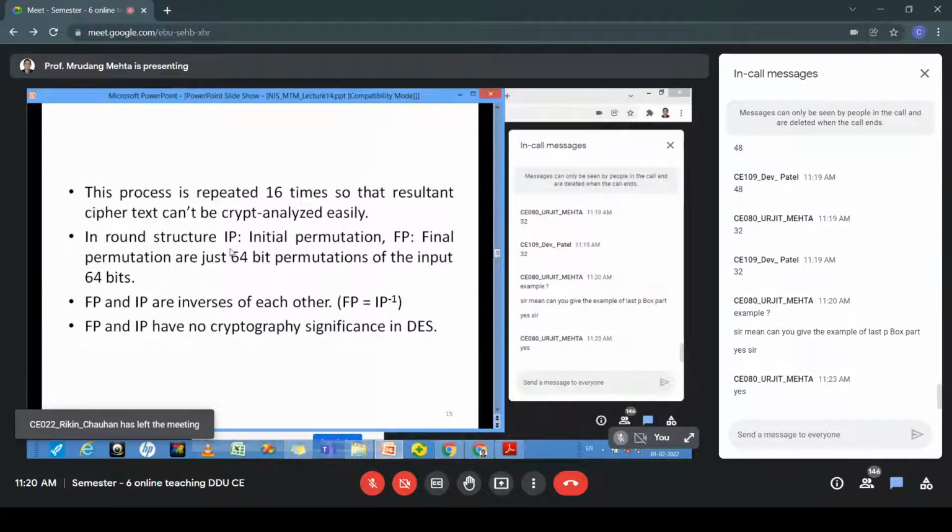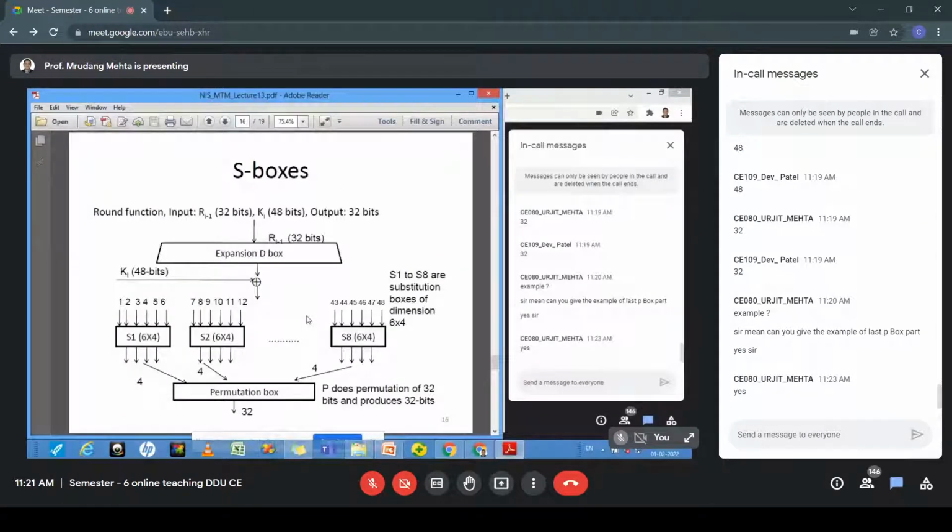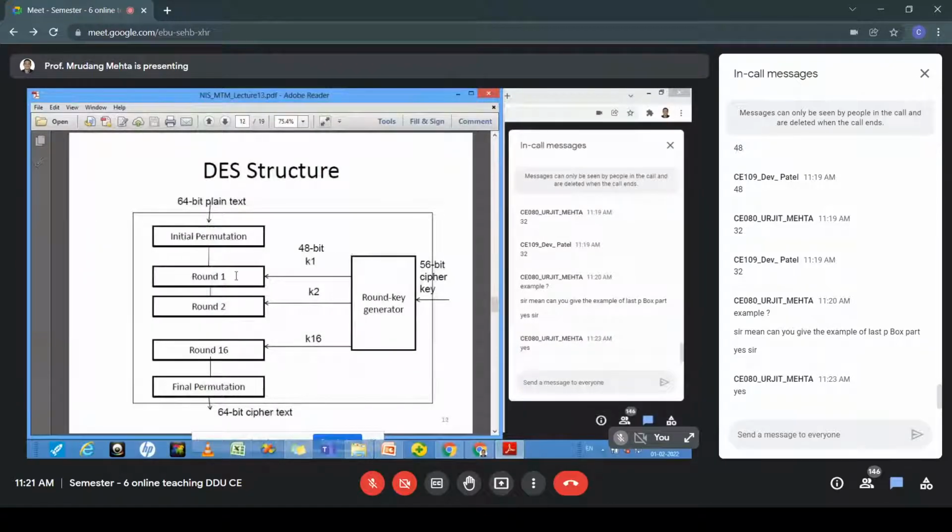So we will see that. In the round structure, we see initial permutation and final permutation. You can see here, I have shown you in the beginning, there is an initial permutation and a final permutation. So this 64-bit plain text is first permuted into a 64-bit initial permutation that is given to the round function. 16 such rounds are followed with a 48-bit key, and then again final permutation is carried out.